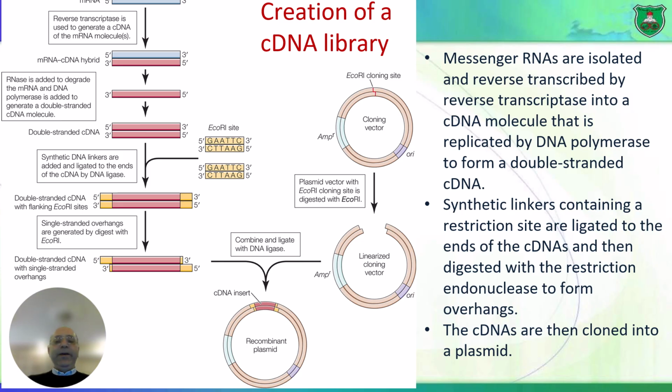Now, these libraries are going to be exactly identical because they all contain the same DNA. But if I create a cDNA library from nerve cells, it's going to be quite different from a cDNA library created from skin cells because these different cells express different genes.